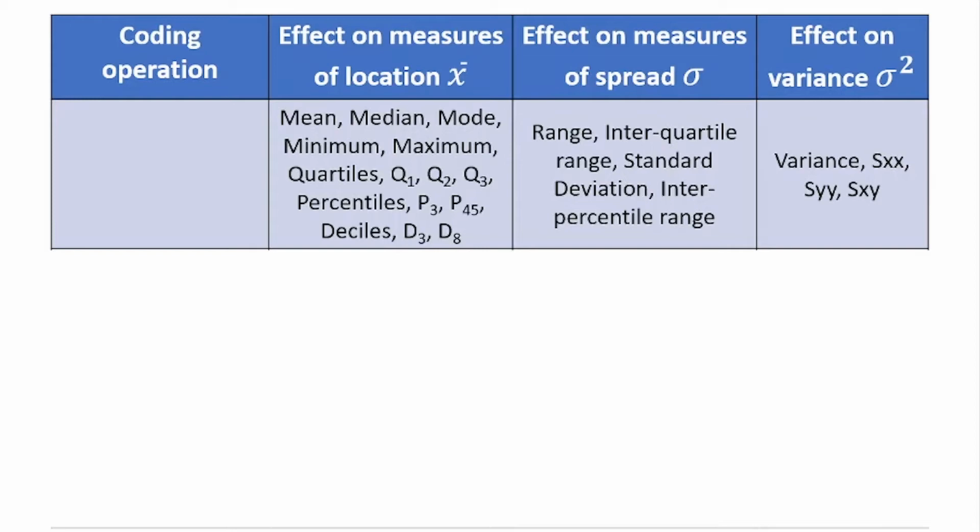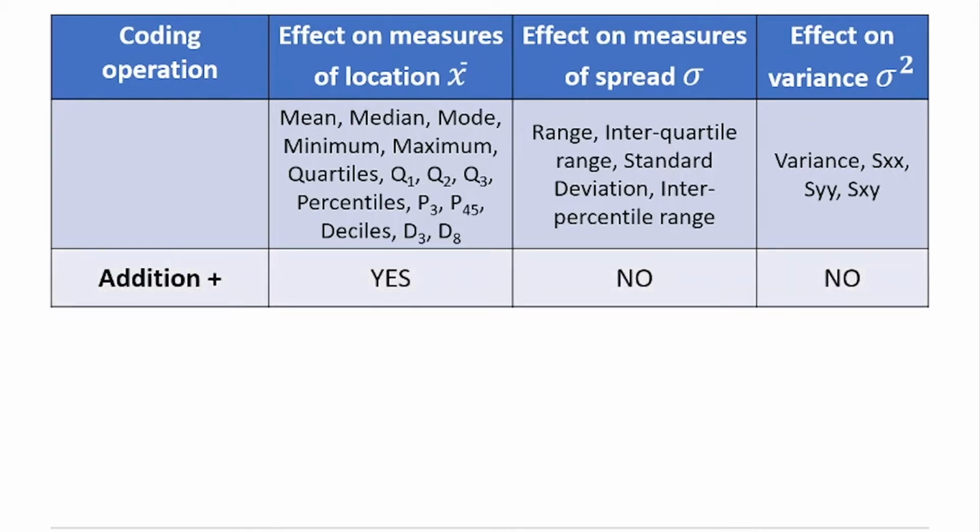Now, a lot of these will only come across in further maths, but we'll talk about how they're affected here together. Well, as we saw before, addition affected all of the measures of location. All of them were shifted up by 10 in the example that I used, but it had no effect whatsoever on the measures of spread. They all remained the same.